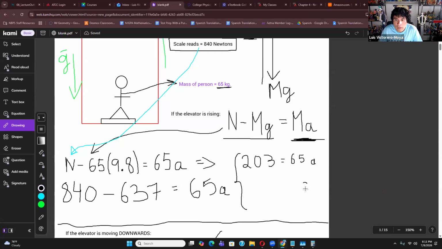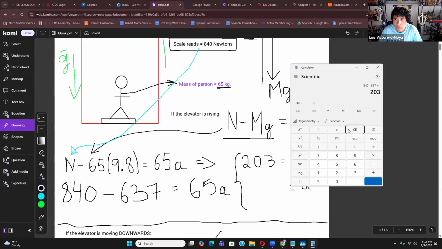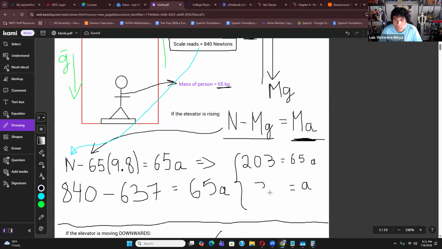So the acceleration is just 203 divided by 65. That's 3.12, or 3.1 meters per second squared. So there you are. You find the acceleration of the elevator by using the reading of the scale. So that's a situation there.